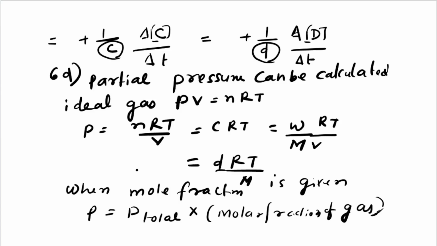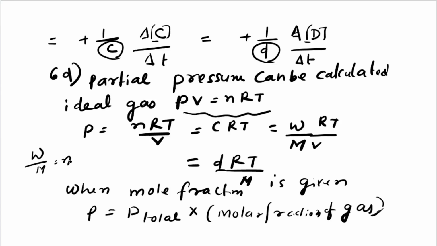You know this one from 11th class: PV equals nRT. So P equals nRT by V. That is CRT, where n by V means C, concentration, n means mole, V means volume. Then that equation you can also represent as W by M for n, small n.